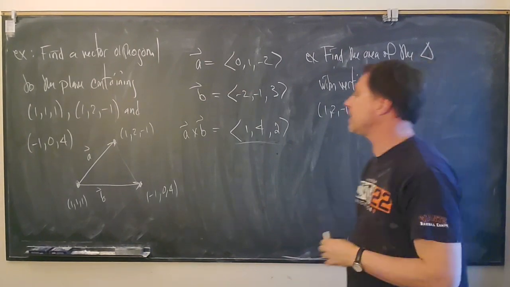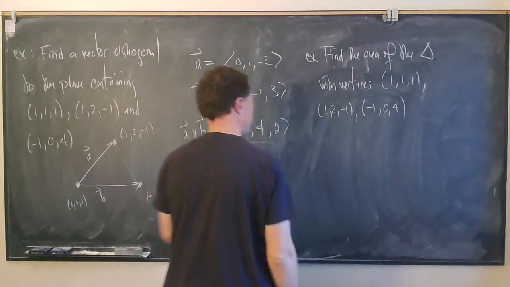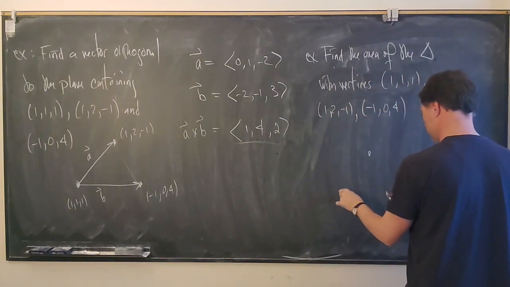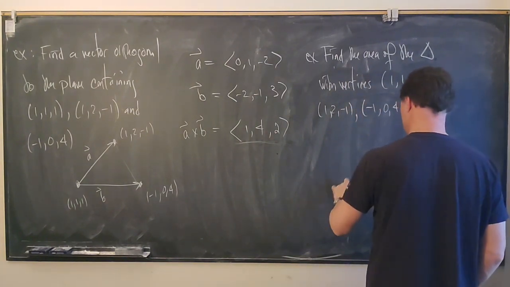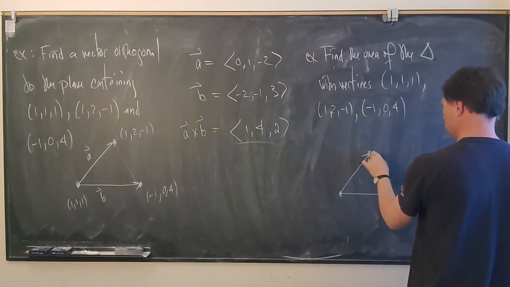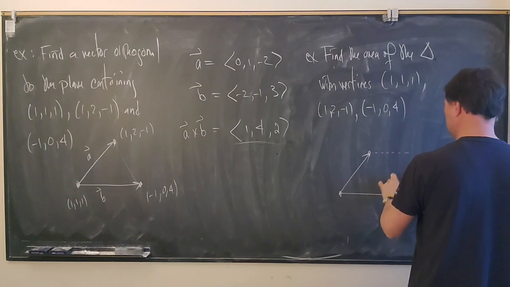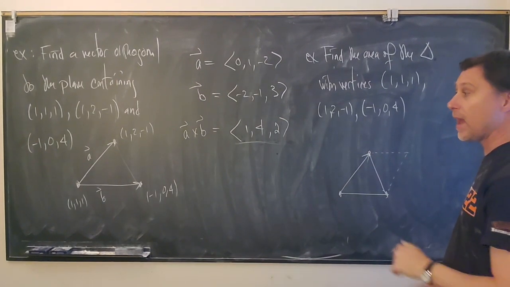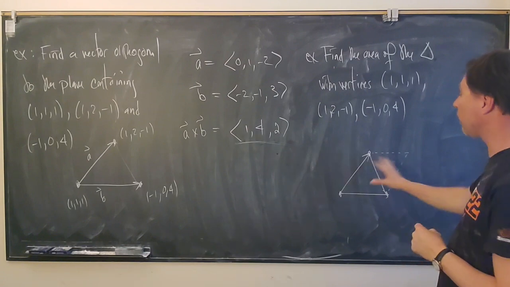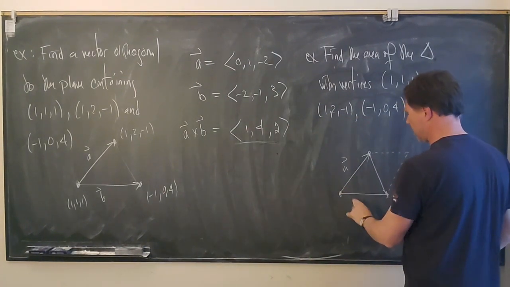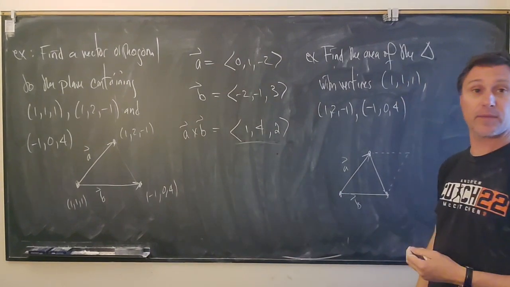And here's the idea. Let me redraw the picture here. A triangle is exactly half of a parallelogram. And so if we knew the area of the parallelogram determined by those 2 vectors, so here's an A and a B, divide it in half, that'll give us the area of the triangle.